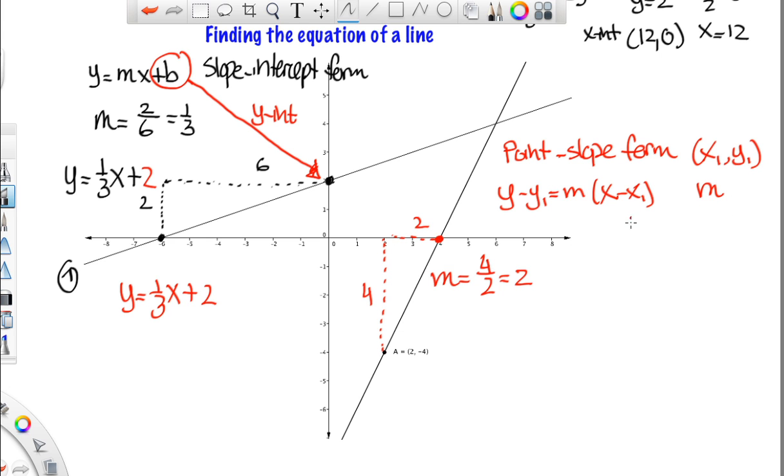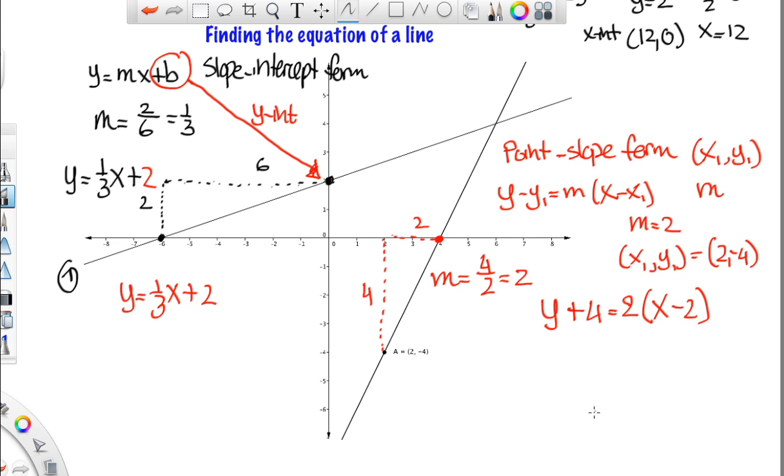So m is 2, and then the point x1, y1, I'll just use the 2, -4 right there. So we get y minus y1, which is -4, so that ends up being y plus 4 equals m, which is 2, times x minus x1, and x1 is 2. So that's the equation of the line.